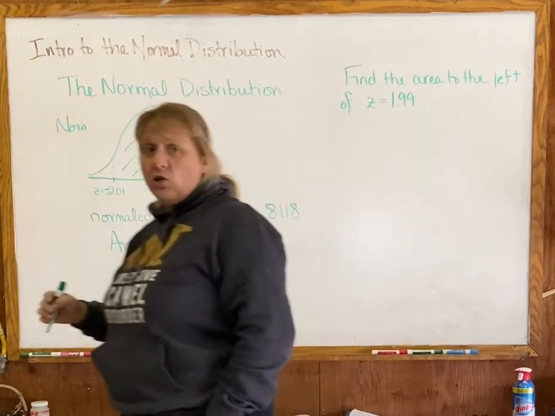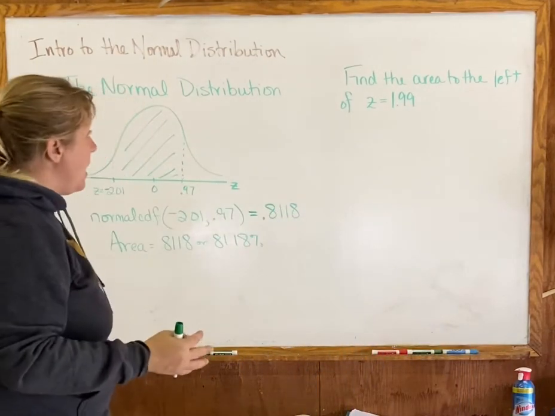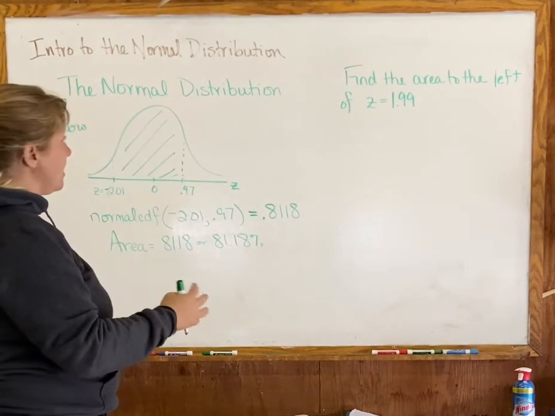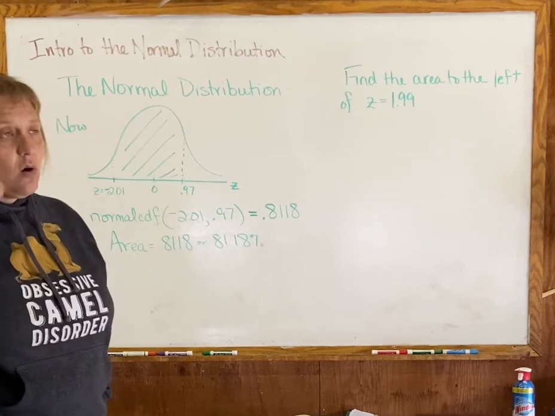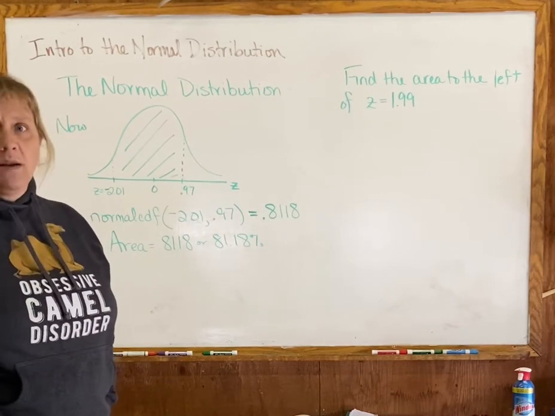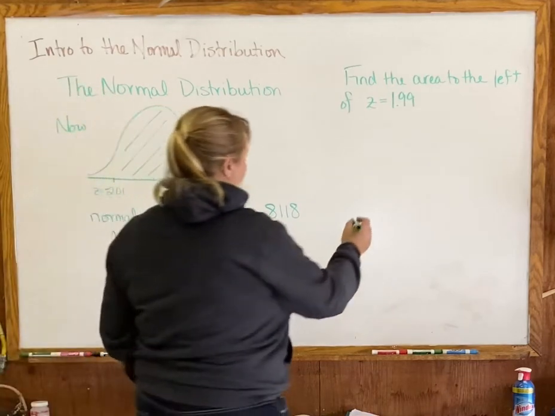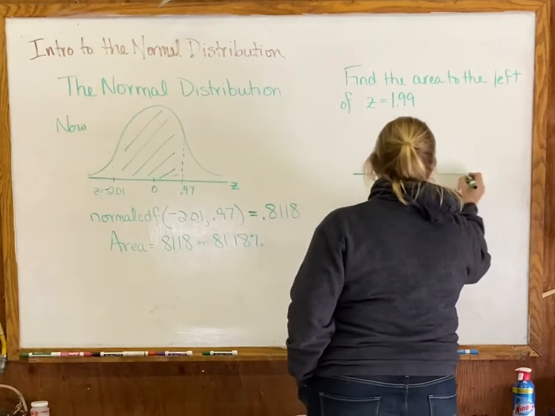So this time they chose to write it out in words, and written out in words, we still need to be able to do this. Honestly, the easiest way to make sure you don't screw this up is to draw yourself a little picture. It only takes a second to draw a picture.